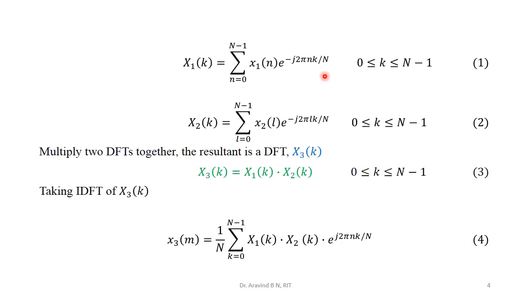Till now, with respect to DFT representation, we always made use of the twiddle factor on the right hand side. But in this case, we are making use of the exponential representation. This exponential representation will help us in making the solution easier. So that's why in this particular case, we are taking the exponential representation.